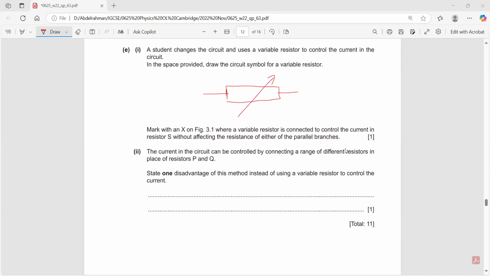Because it's more difficult to keep on adding resistors in parallel or in series and take many readings. For the experiment we need at least 5 readings. So instead of adding 5 resistors, you can just use a variable resistor and change it 5 times. It would be much easier, wouldn't it? Yeah, I think so.